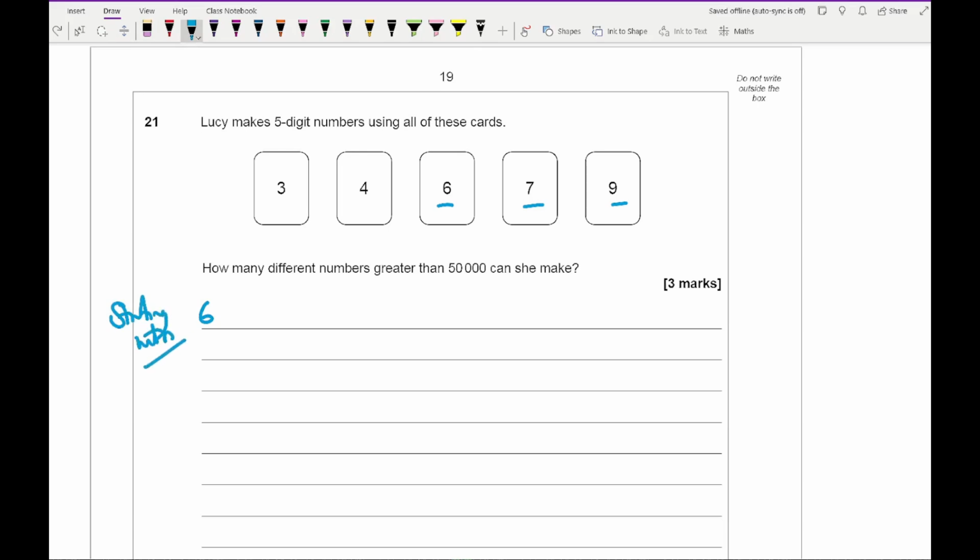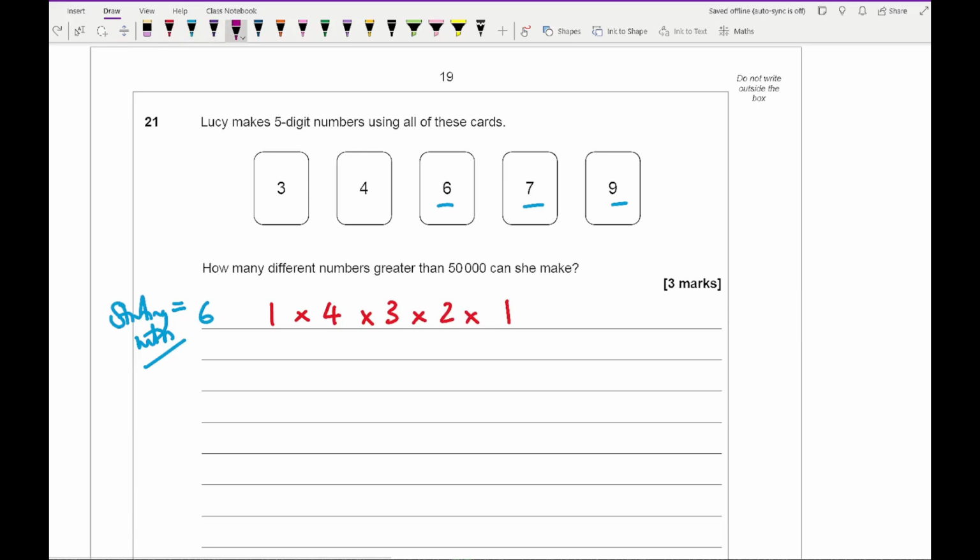So this is the product rule for counting. Starting with 6, well, I can only have one number to start with. Then for the number of combinations for the second number, I've got a choice of 4 numbers. Then for the third a choice of 3, then a choice of 2, and then a choice of 1.